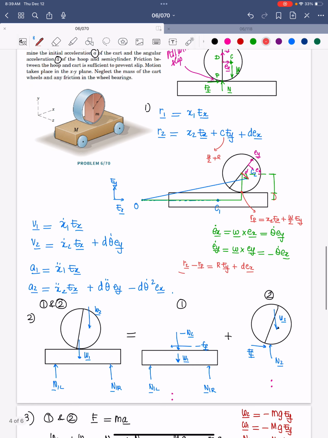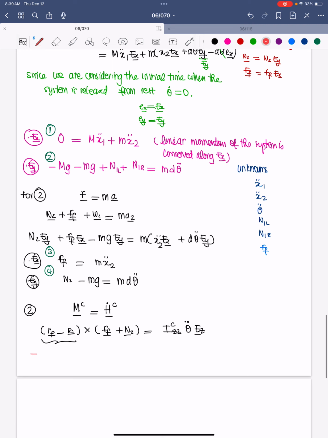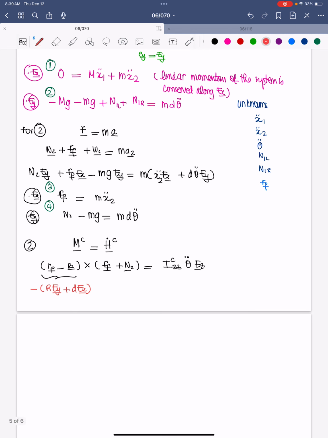So R2 minus RP is R EY plus D EX. We want the opposite here: minus R EY plus D. Initially, small EX and big EX are the same. So the cross product becomes minus R EY cross D EX plus FF EX plus N2 EY.